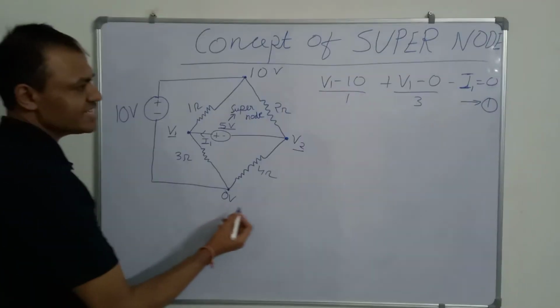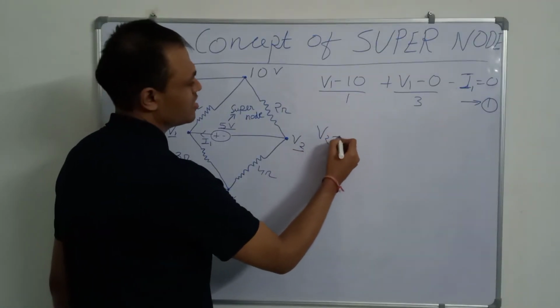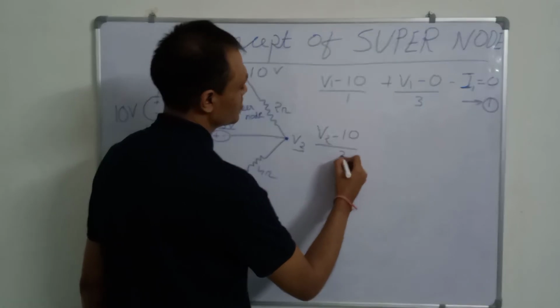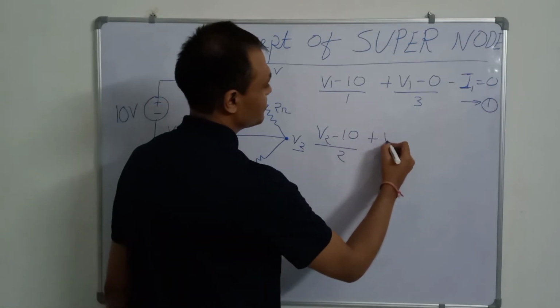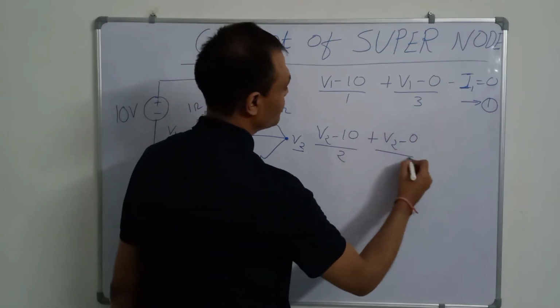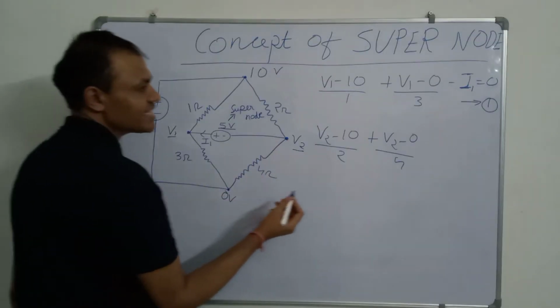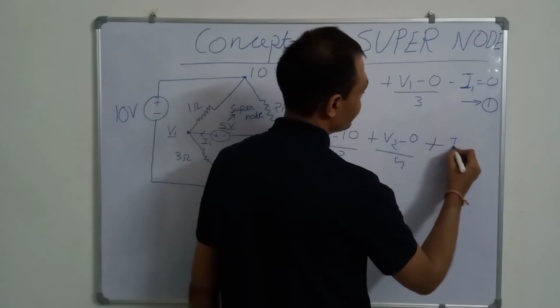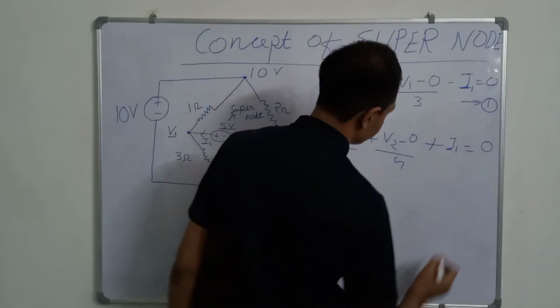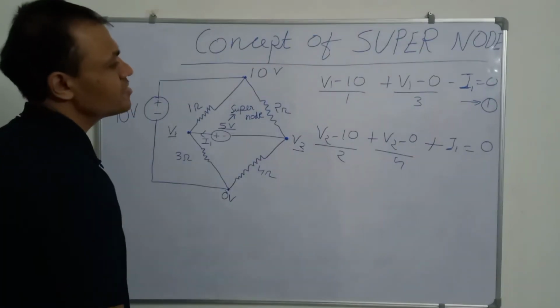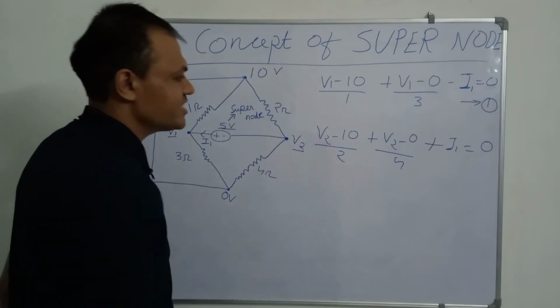The second equation is (V2 minus 10) upon 2 plus (V2 minus 0) upon 4. Now this I1 is outgoing current for this node, so plus I1 equal to 0. Now we can add both of these equations.